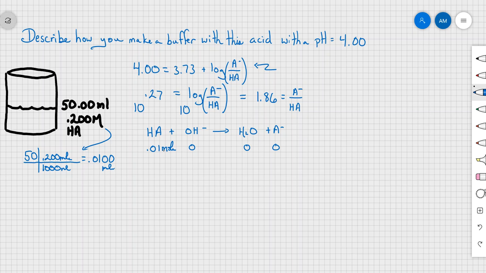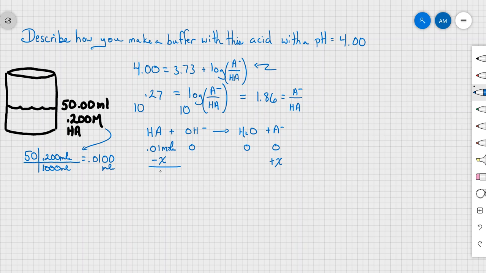As we do this, though, we'll go minus x and plus x, because that's what we need as a ratio.